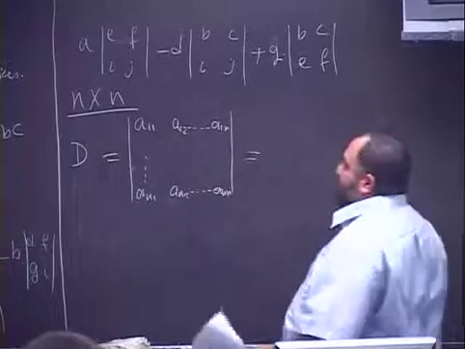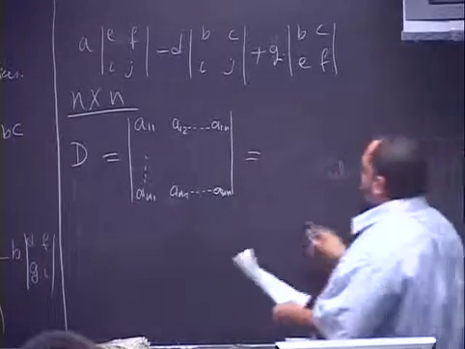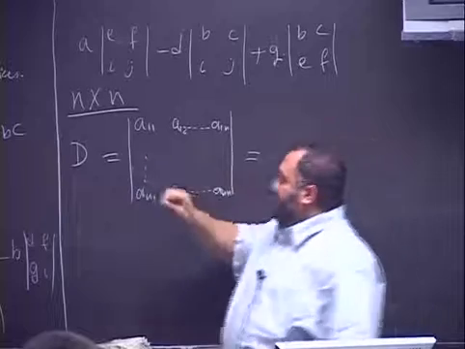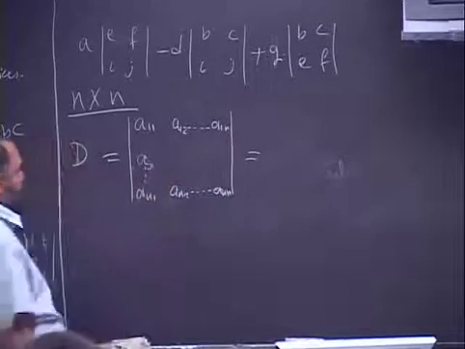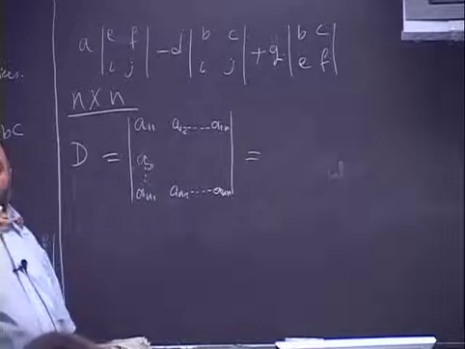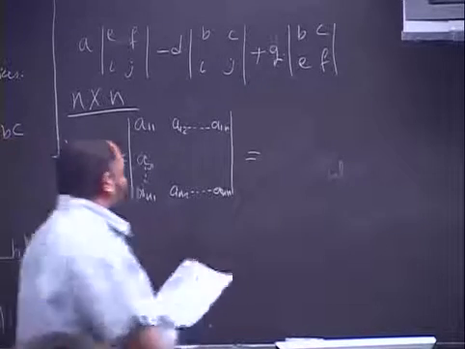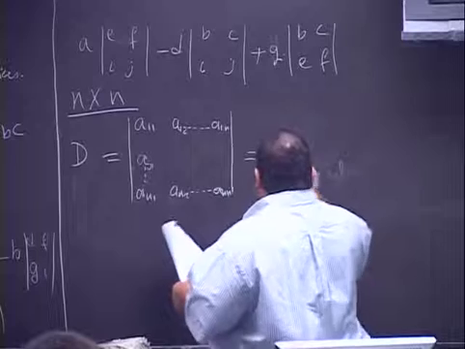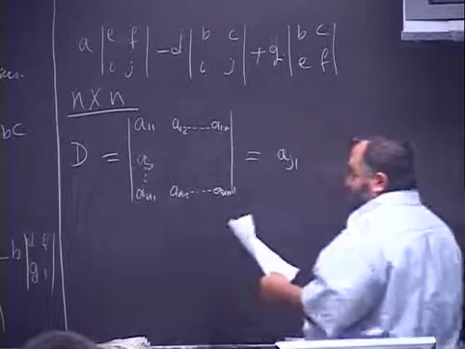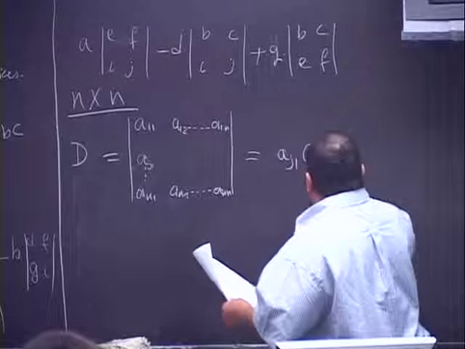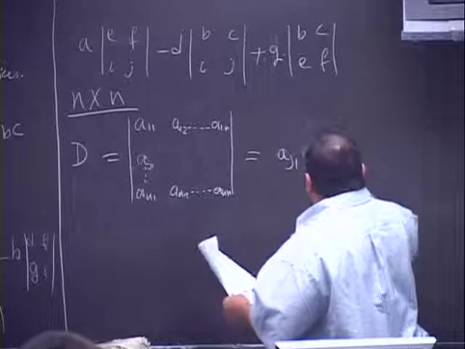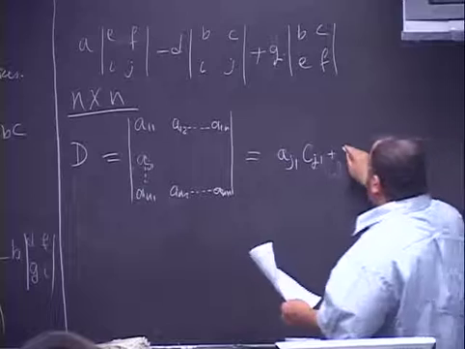Let's assume that there is AJ1. So the row now will be row number J. So it will be AJ1 multiplied by CJ1. I will define what we mean by C in a minute.